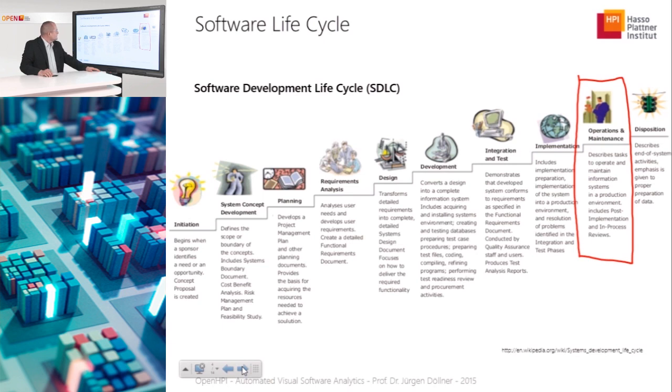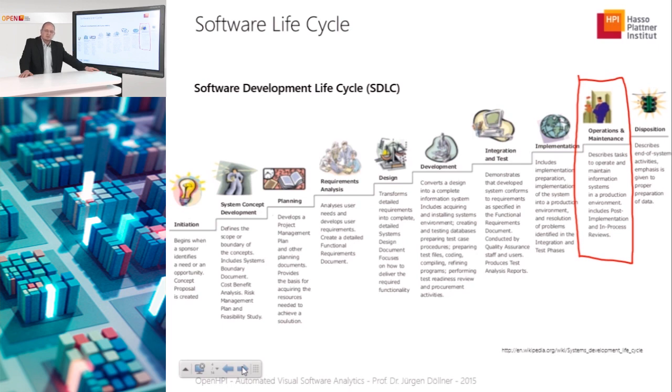So what we can see here in this model of the life cycle of a software system is that formally operations and maintenance appear to be just one stage, but practically operations and maintenance represent a major part of the lifetime of a software system.